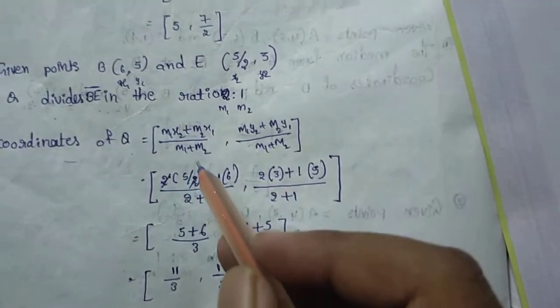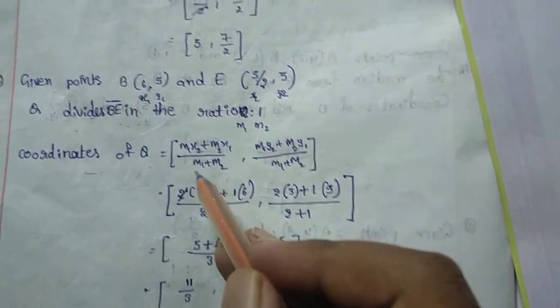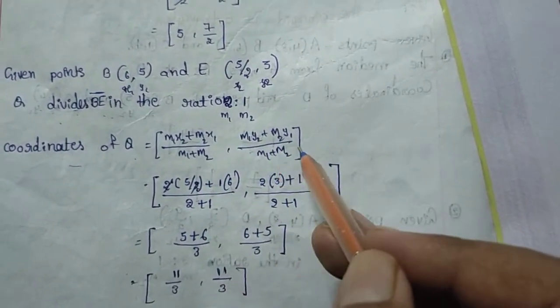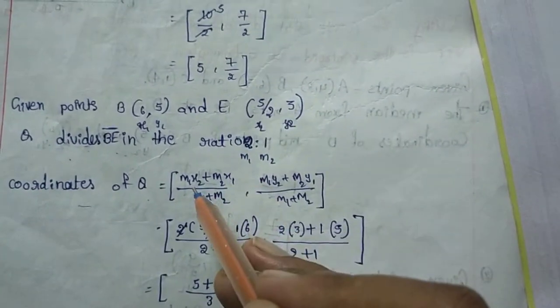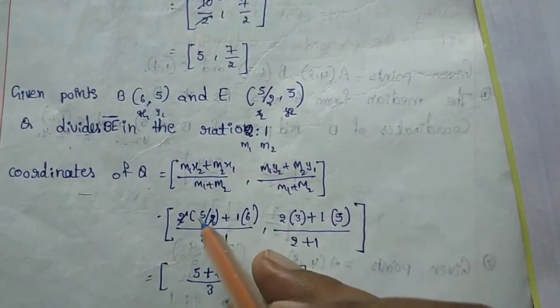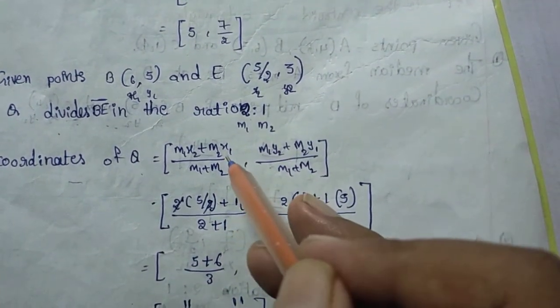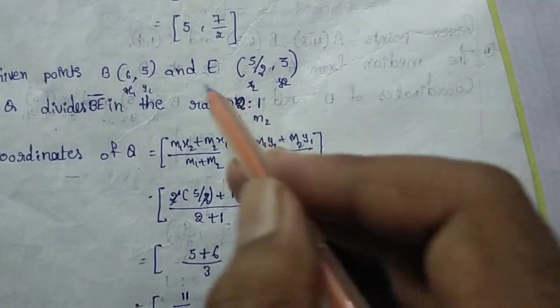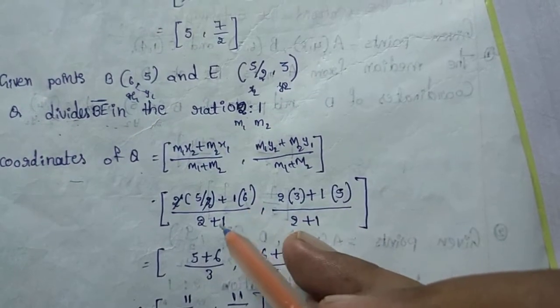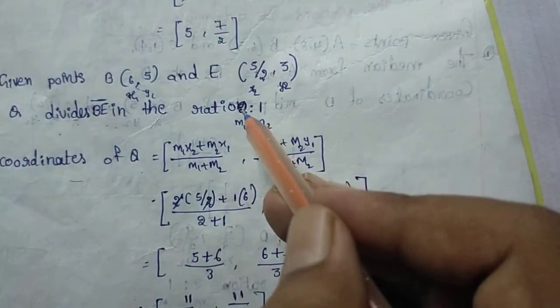Coordinates of Q equal to, write the formula: m1 x2 plus m2 x1 by m1 plus m2, m1 y2 plus m2 y1 by m1 plus m2. Substitute values: m1 is 2, x2 is 5 by 2, plus m2 is 1, x1 is 6, by m1 plus m2, 2 plus 1.